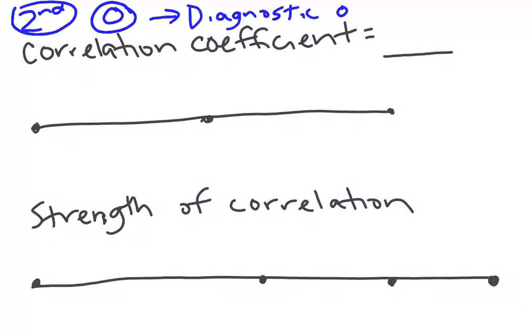Diagnostic on, enter. So we want to do that first, otherwise I'm going to have to redo my stat calc 4. But it's not too much work if you have to do it.